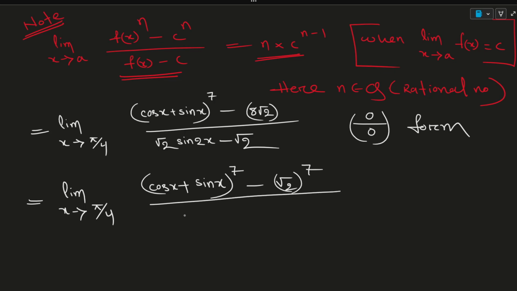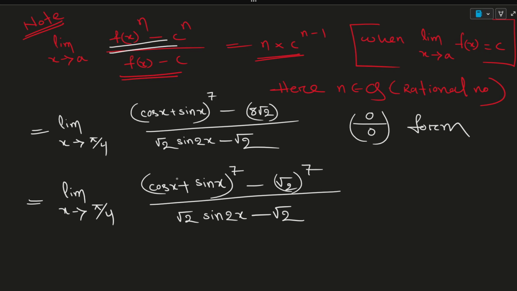Now it will be root 2 sine 2x minus root 2. If we see carefully, the numerator of this function is in this format.